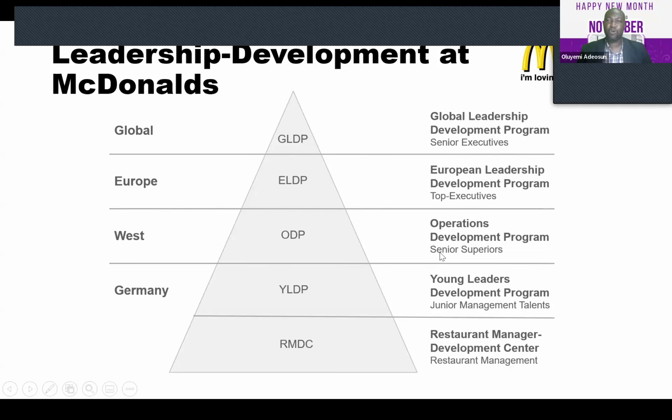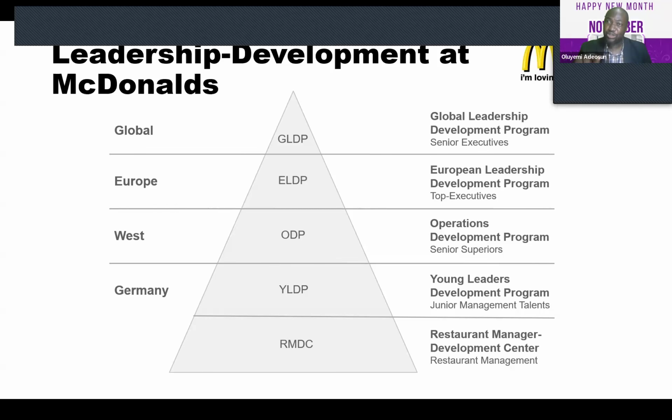In the West, they have the operations development program, ODP. You see that they have acronyms for all their development programs. In Germany, they have a young leaders development program. Then they have the restaurant manager development program. Just McDonald's, they have 1, 2, 3, 4, 5.